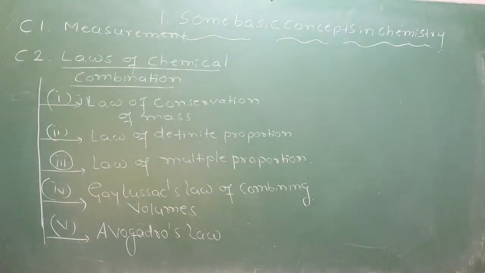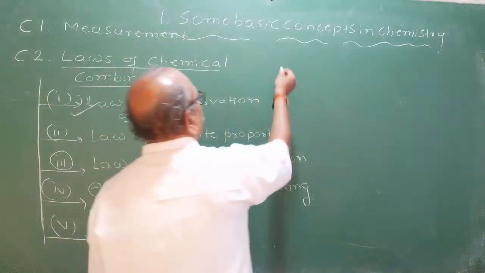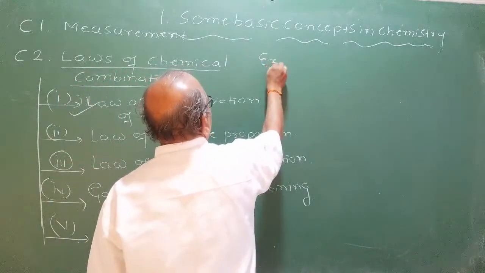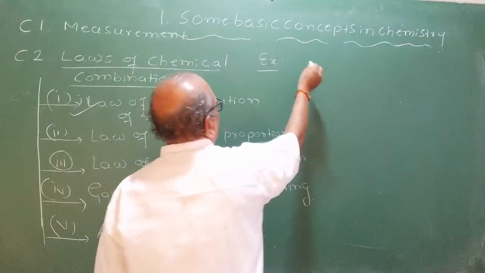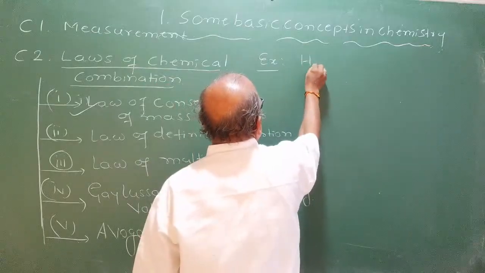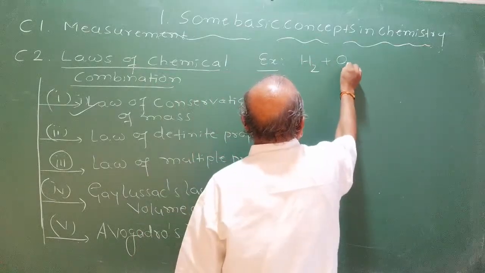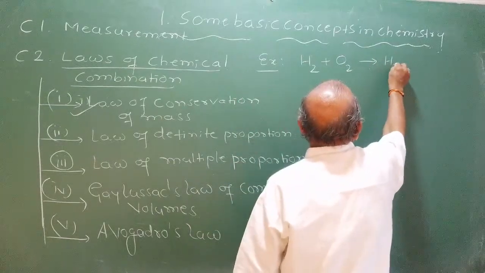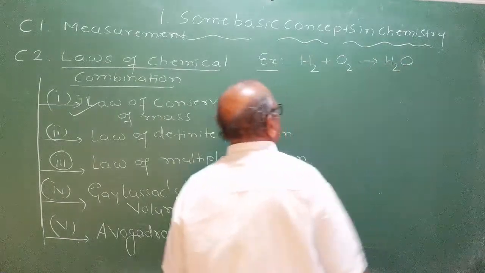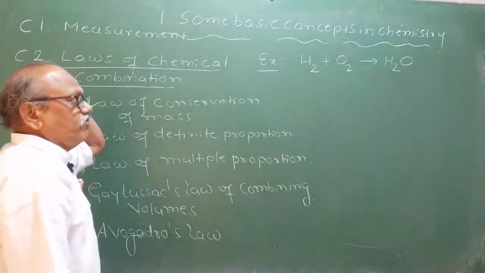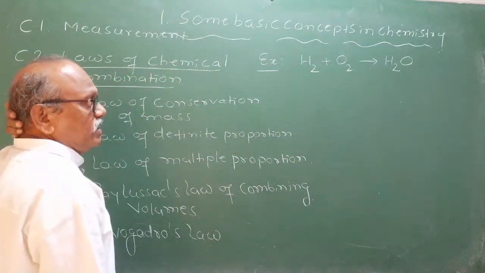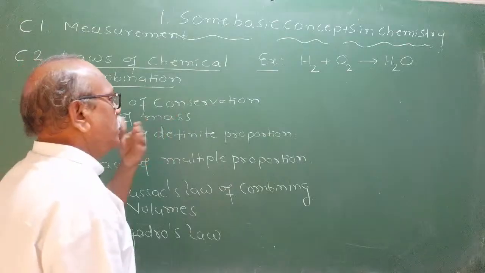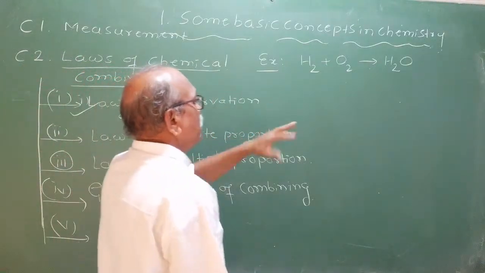I will explain with an example, then we will write the law of conservation of mass. Look here. For example, take the reaction between hydrogen and oxygen. They combine forming water, by the electrolytic method, or you can even take the decomposition.